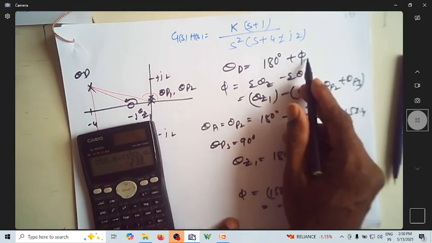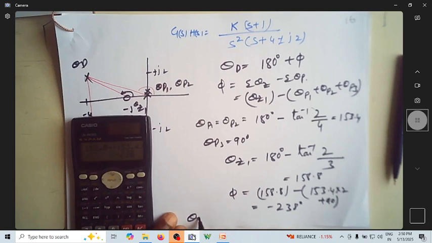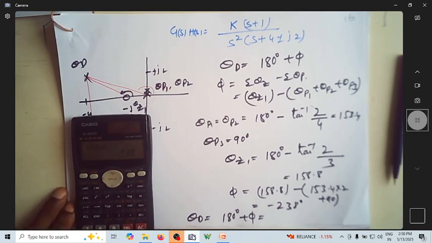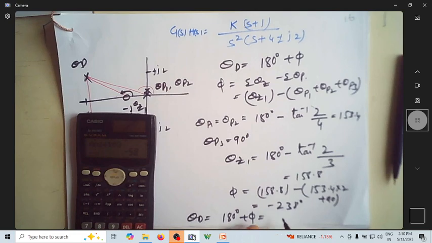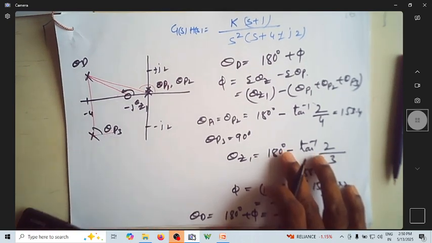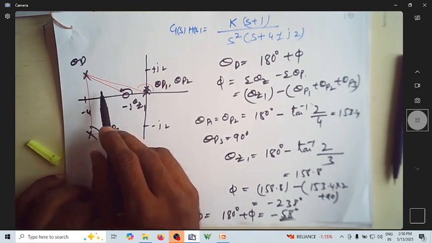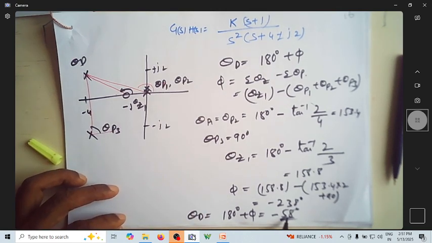This is phi. So what is theta d? Theta d is equal to 180 degrees plus phi, which is 180 minus 238, that is minus 58 degrees. So now the angle of departure of this particular pole is minus 58 degrees.